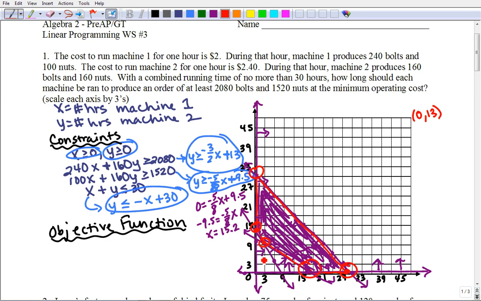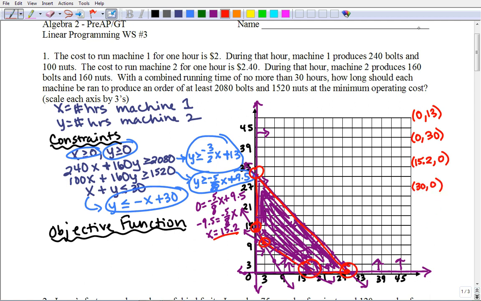Let's see, we also have 0, 30. We have down here, remember we solved for that one, and we got the point 15.2, and that y value is 0. We also have 30, 0.